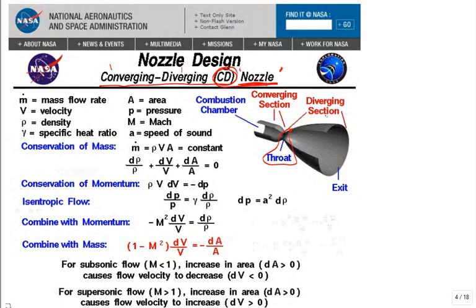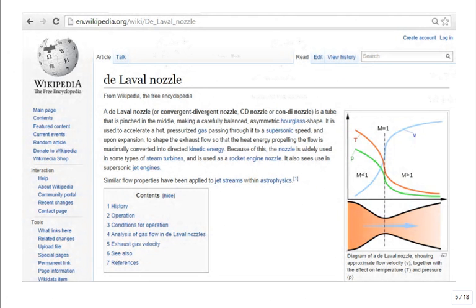And then in that diverging section, you can get it out at a higher speed. Here's the same equation. It's in our textbook, okay? All right. It's also known as a de Laval nozzle. I don't know if I pronounced that name correctly. So it's named after a person, or it's just called a converging, diverging nozzle, same thing.